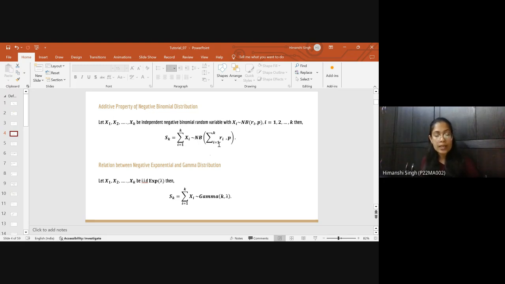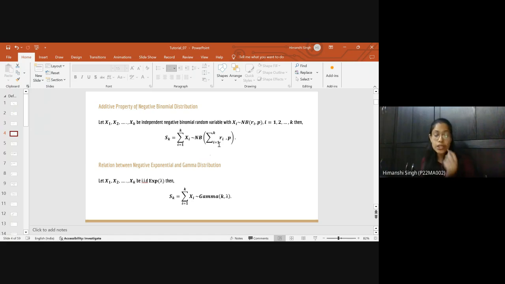Now there is again a relation between the negative exponential and gamma distribution. So if X1, X2, ..., Xk are IID exponential lambda, so basically they are independent as well as identically distributed, meaning the distribution of all of the random variables will be the same, that is exponential lambda. Then the summation of Xi will be gamma k, lambda.